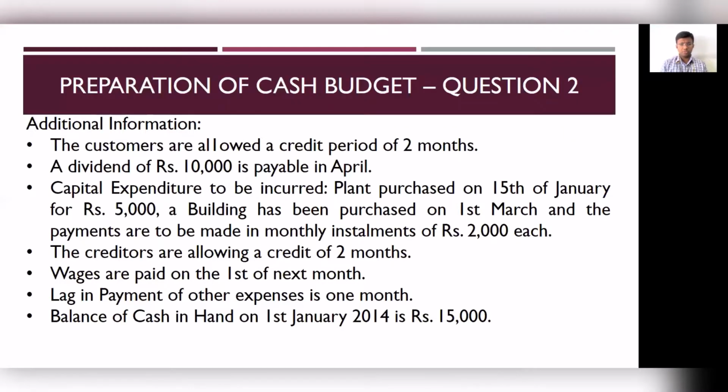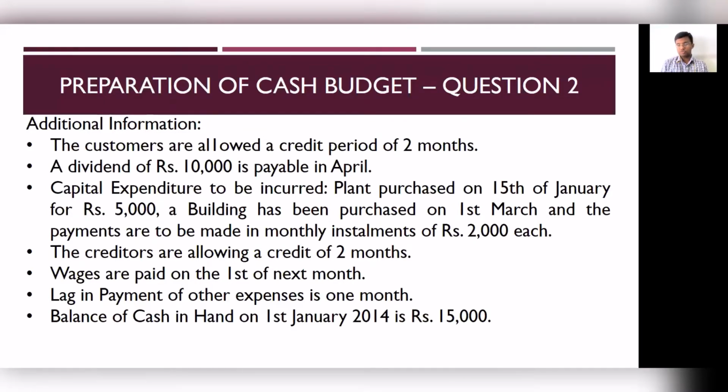Next, capital expenditure to be incurred: plant purchased on 15th January, rupees 5,000, and a building purchased on 1st March, with payments to be made in monthly installments of 2,000. There's a plant purchased on 15 Jan, where there is an outflow of 5,000 rupees.